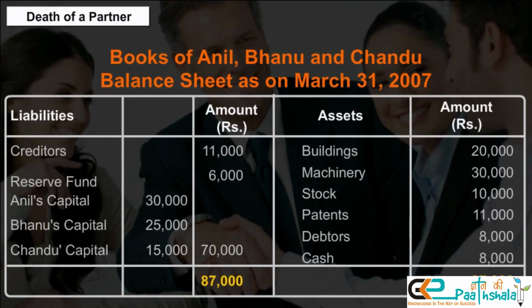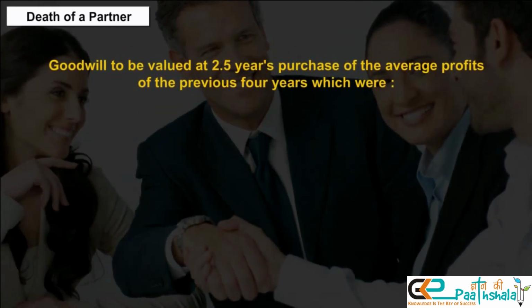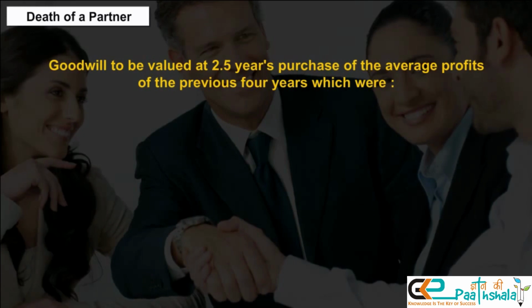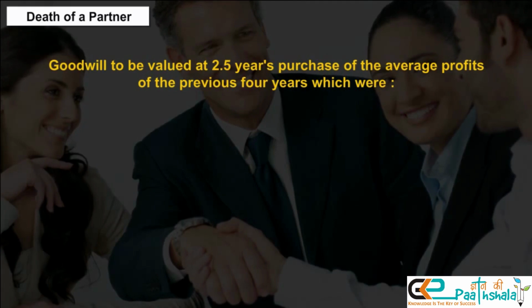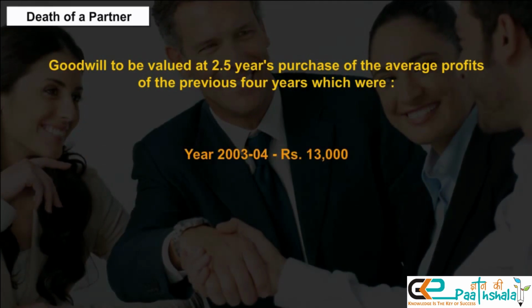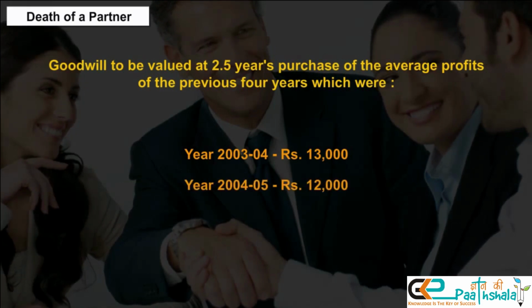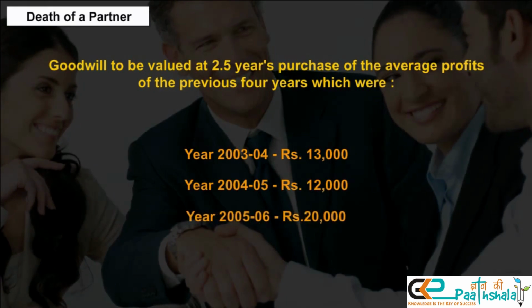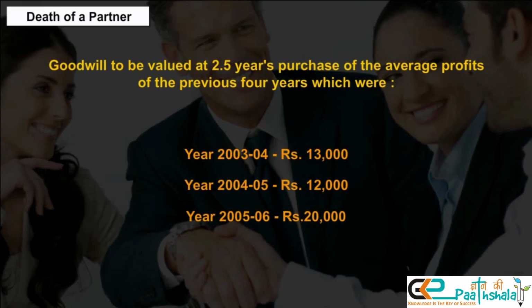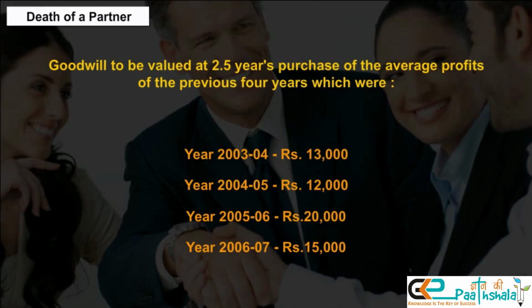It was agreed between his executors and the remaining partners that: A. Goodwill to be valued at 2.5 years purchase of the average profits of the previous 4 years, which were: year 2003-2004, rupees 13,000; year 2004-2005, rupees 12,000; year 2005-2006, rupees 20,000; year 2006-2007, rupees 15,000.